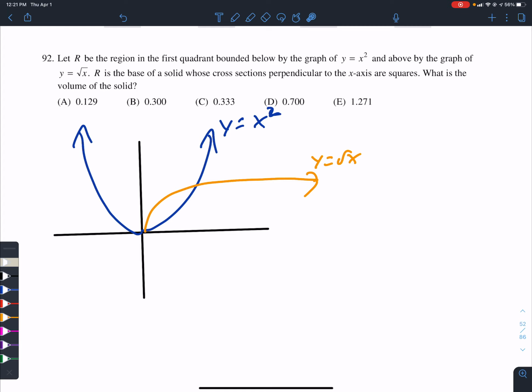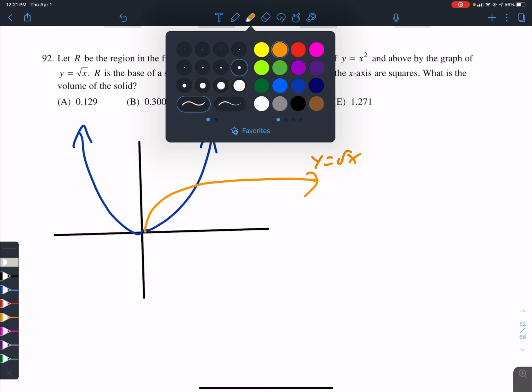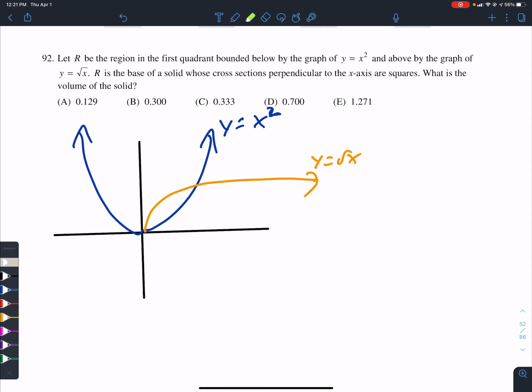Let me shade that. Lime green. So that's the foundation of our building. On top of that, think of a concrete pad. We're going to build a building. Now, if you were to take a slice of this building, cross sections perpendicular to the x-axis are squares.